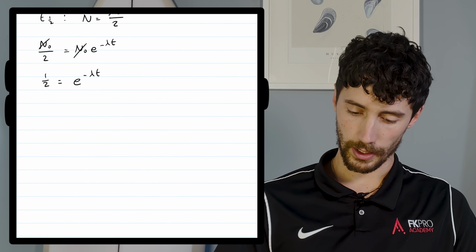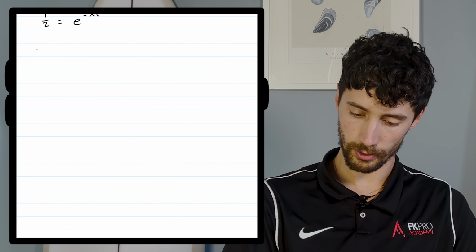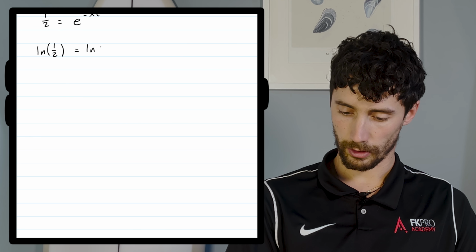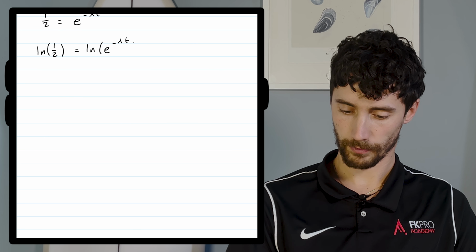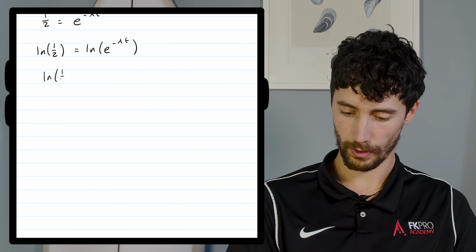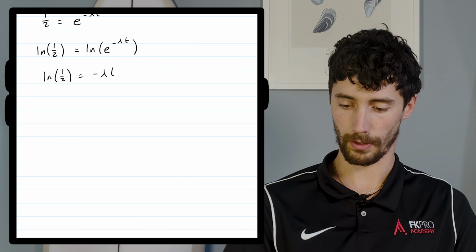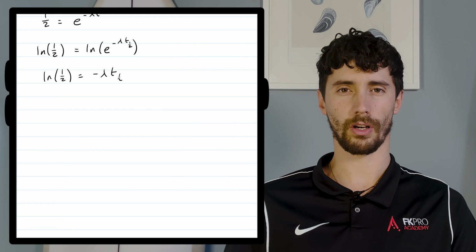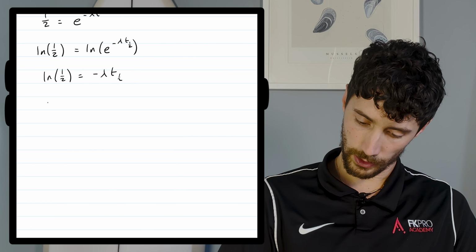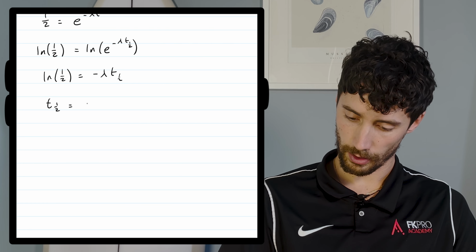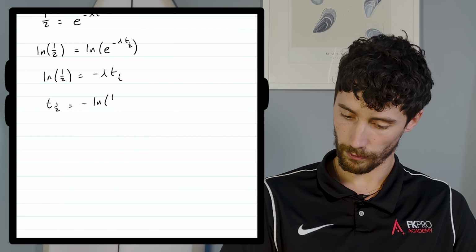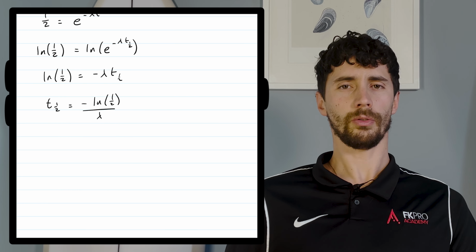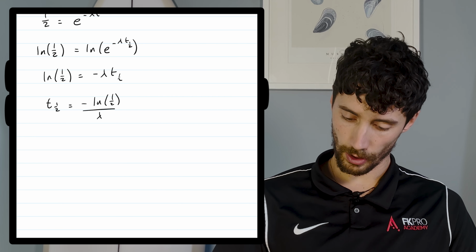Okay, I can now apply ln to both sides, because what that does to my power is bring it down. So ln a half is equal to minus lambda t. All right, and remember t is t half because we're working out half-life. Rearranging for t half, I get minus ln a half over lambda, which is true, but not in the form we want.